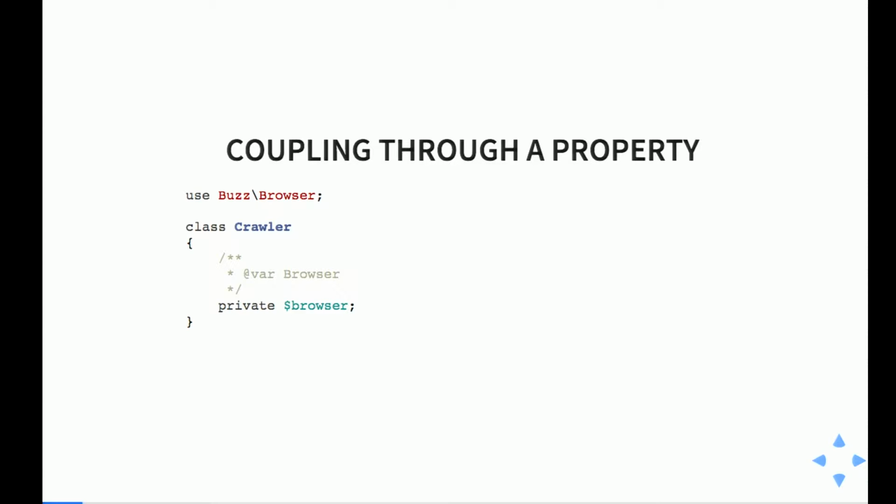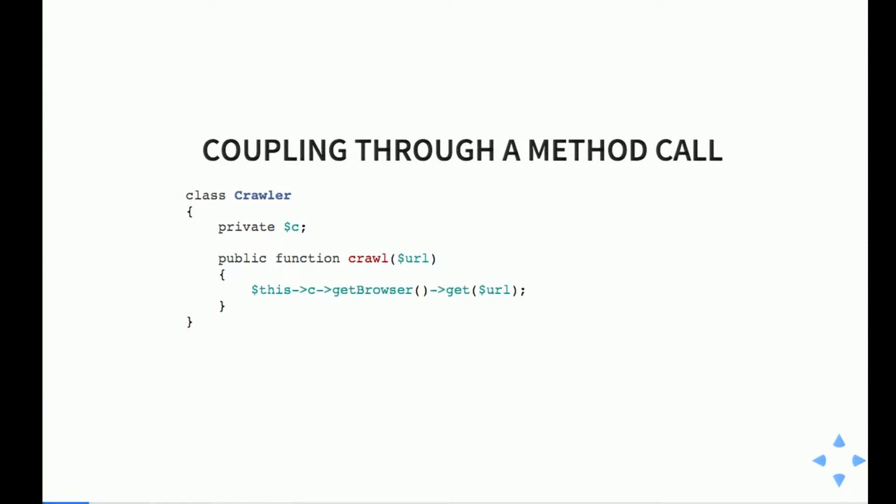Coupling between classes exists whenever we reference one class from within the other one. It might be through a property. In this case, we have a crawler class, which is coupled to the browser because it holds a reference in a property. It might be through a method call. So crawler calls some object that returns the browser. It's still coupled to the browser. Makes sense?